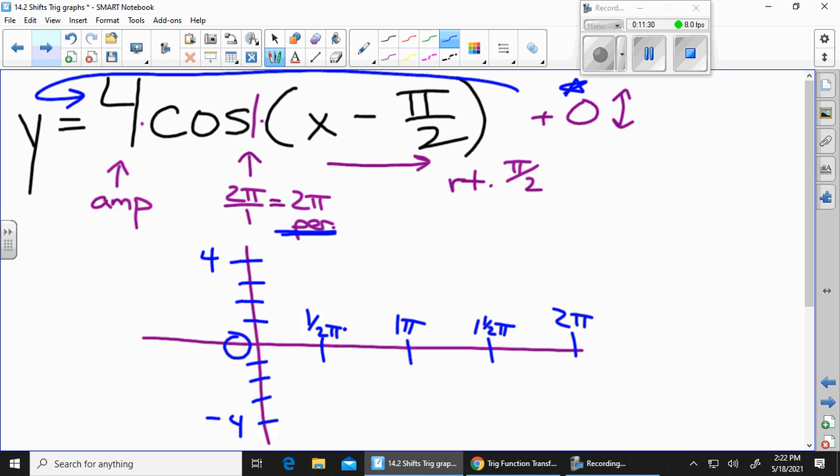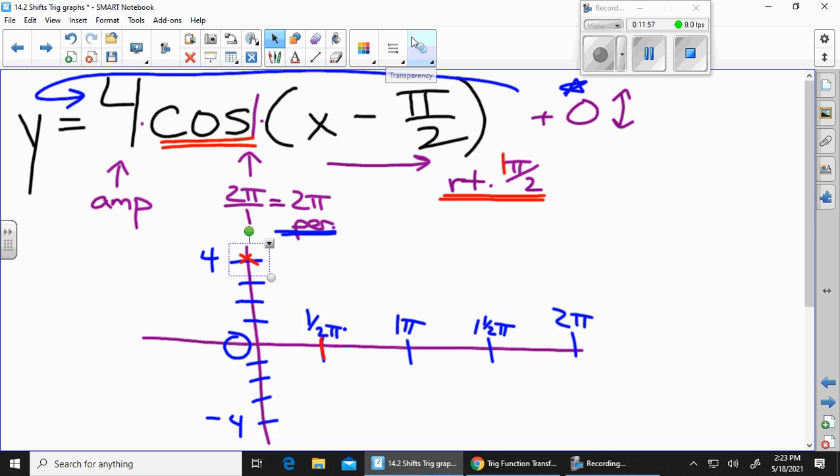Now, this is where the shift comes in. This is a cosine curve. Usually, cosine would start there at a max, at the y-axis, but it's going right a half a pi. So instead of starting at x, you're going to start right a half a pi.